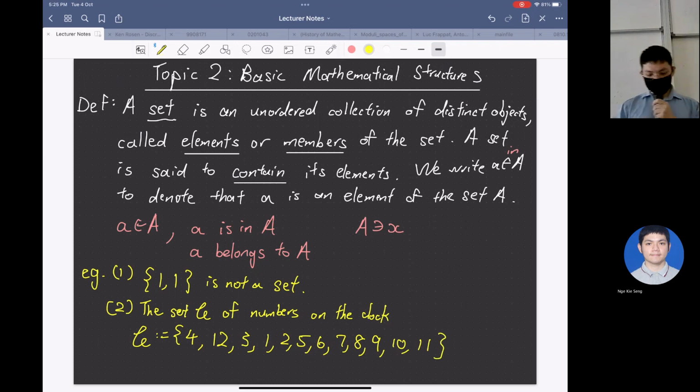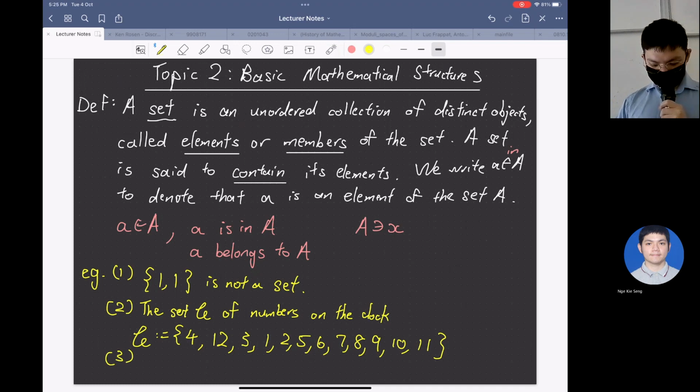I don't care about the order, because a set doesn't care about the order. So this is a finite set.